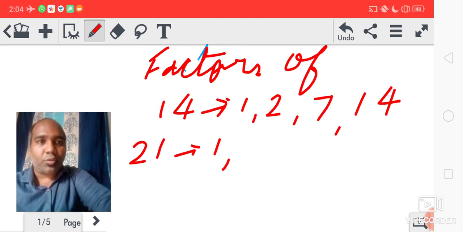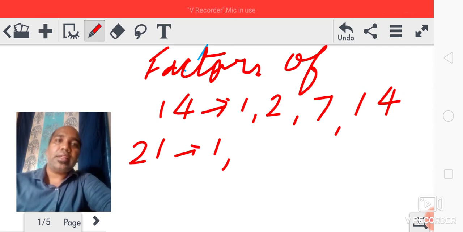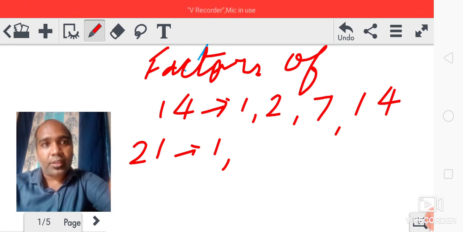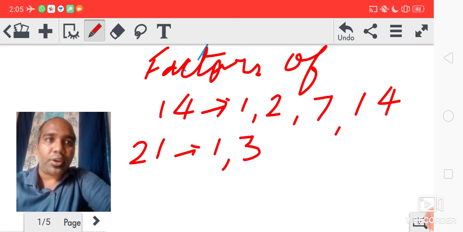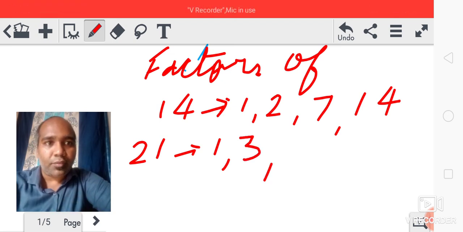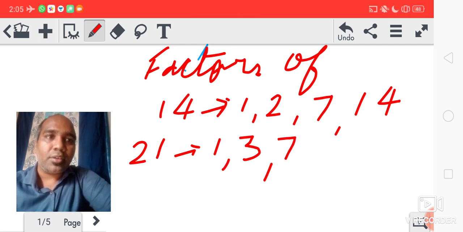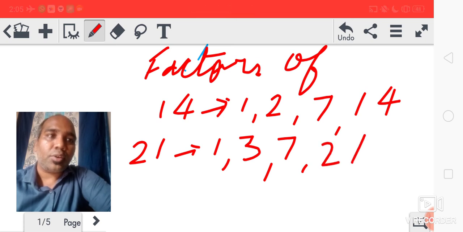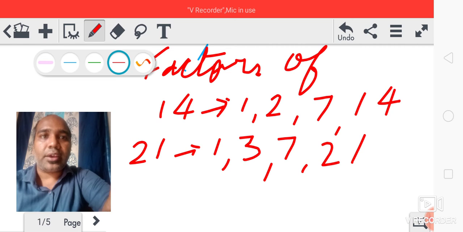So 2 is not a factor of 21. Then in the table of 3, do we get 21? 3 7s are 21. So 3 is a factor of 21. 4 we don't get, 5 we don't get, 6 no, similarly 7 3s are 21. Then directly 21. Got it? So these are the factors.